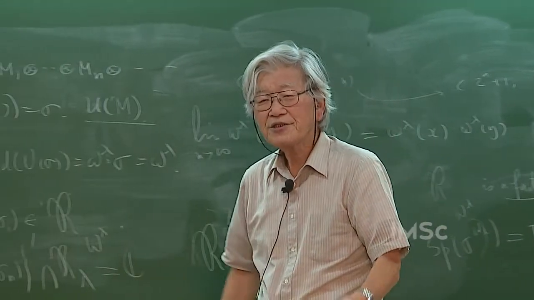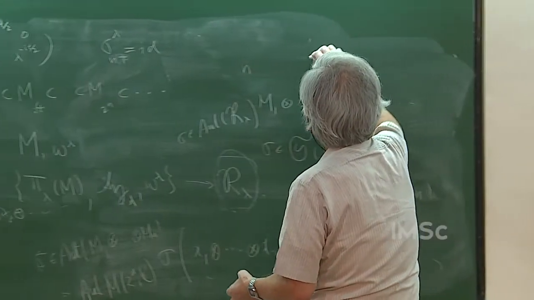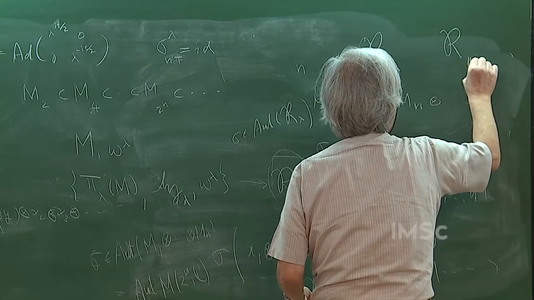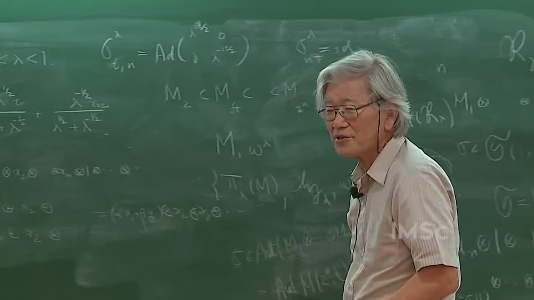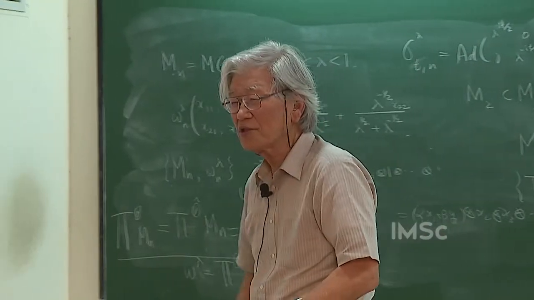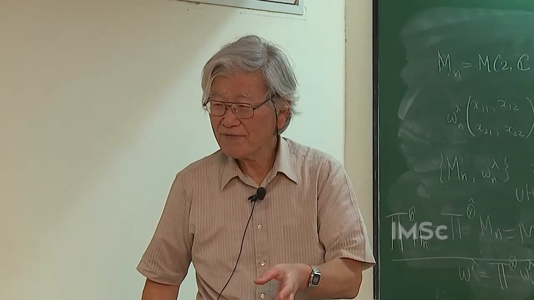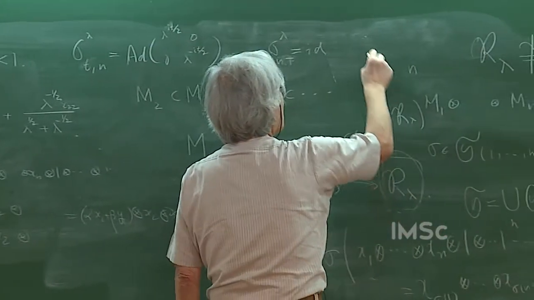If you change lambda to mu, you have R lambda and R mu, which are never isomorphic when lambda and mu are distinct, because the type III lambda and III mu factors are never isomorphic. So this is the theorem of Powers.